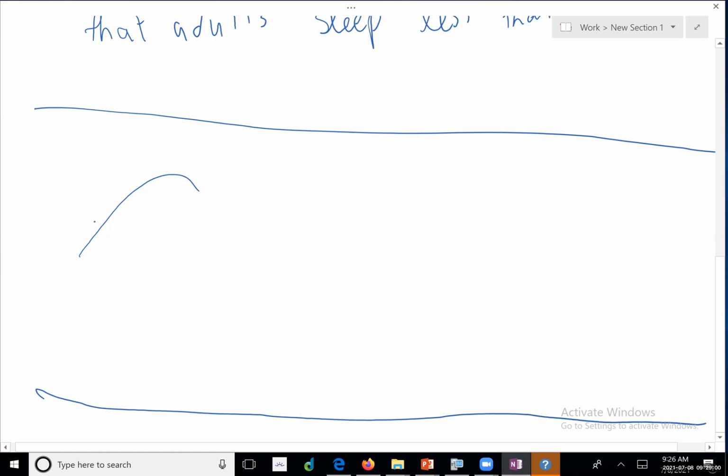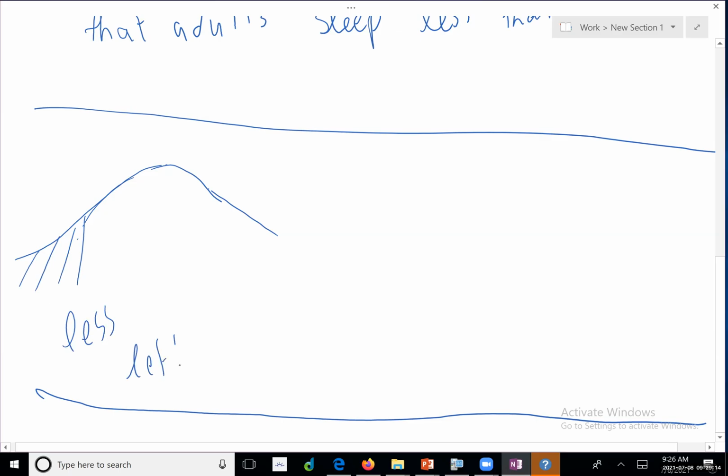So we said if it's less, then the left side is, so that's for less, and it's left tail. If it's not equal to, then it's two-tailed.